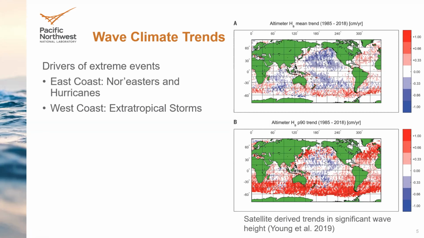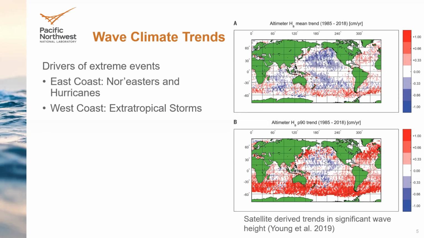So the mean trend in wave height is going down in the Pacific, interestingly, and then across the North Atlantic, there's an increase of about 5 millimeters, I'm sorry, per year.